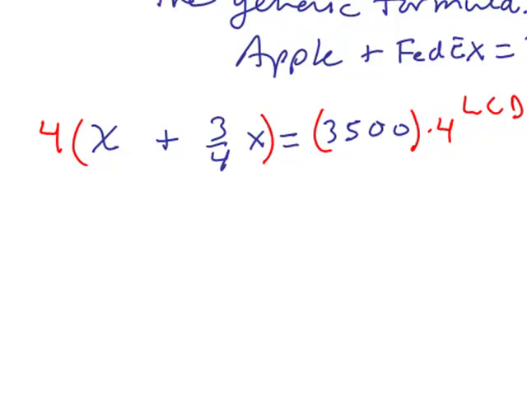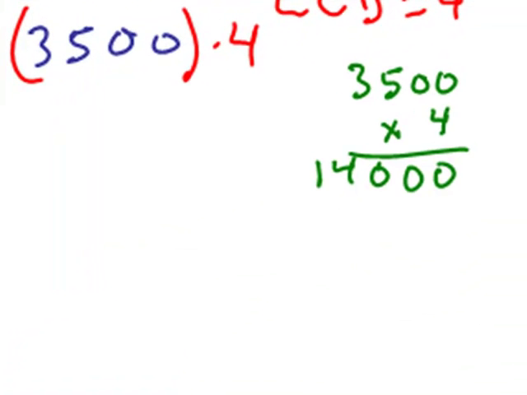And as we distribute, we get 4x plus 3x is equal to 3,500 times 4. Well, if you don't mind, I'm going to do that off to the side here for a moment, and I'll just show you the result. It's equal to 14,000.